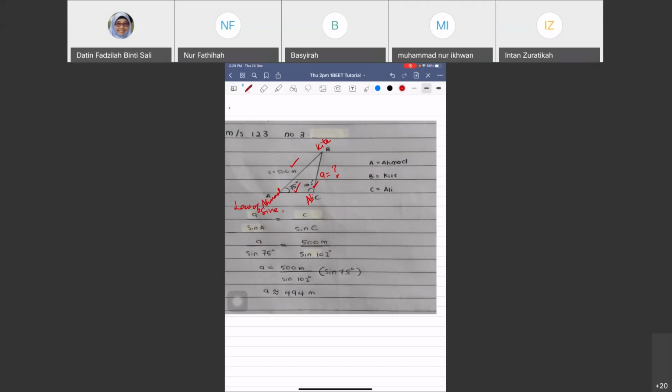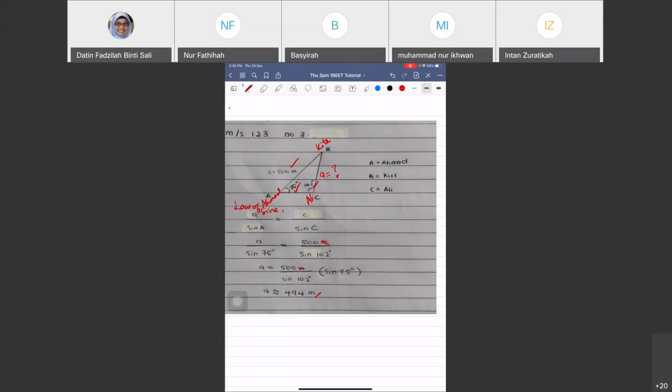Normally when we put information in the equation, we don't have to write the unit meter. No need to write meter, just put only the value. In the final answer, yes, you can put your meter.